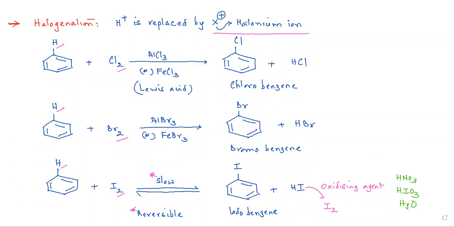Okay. These are the oxidizing agents which convert HI into iodine to prevent the backward reaction. Okay. That is halogenation.